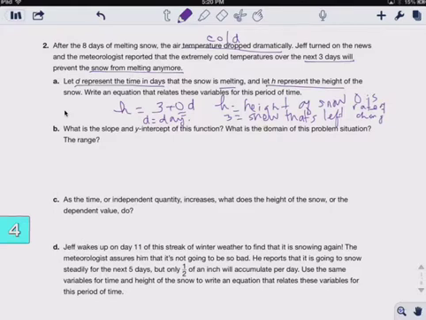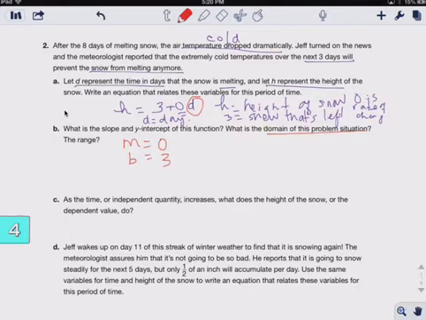What is the slope and y-intercept of this function? Well, we know that slope m is 0, y-intercept b is 3. What's the domain of this problem? Domain is D, the number of days, the x.